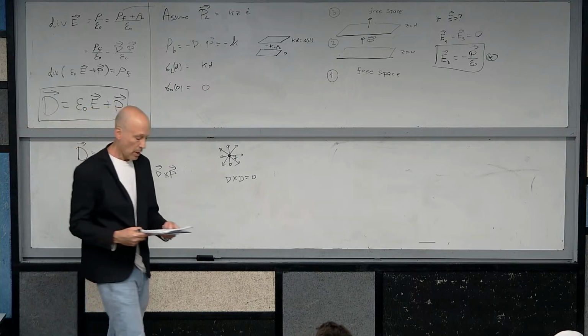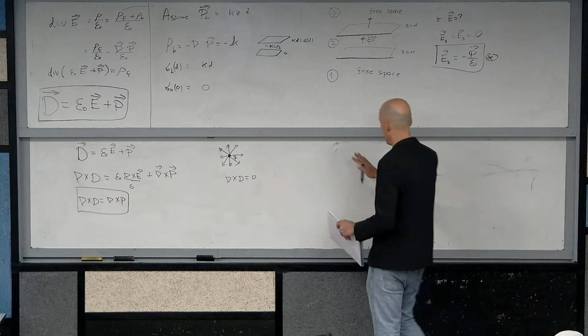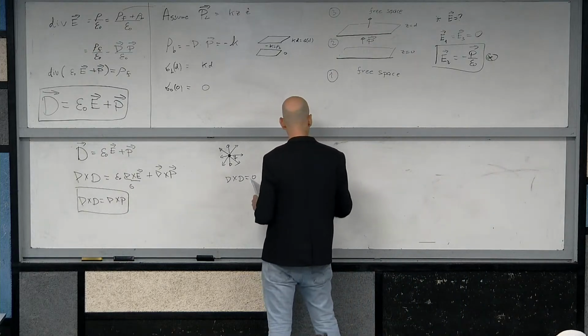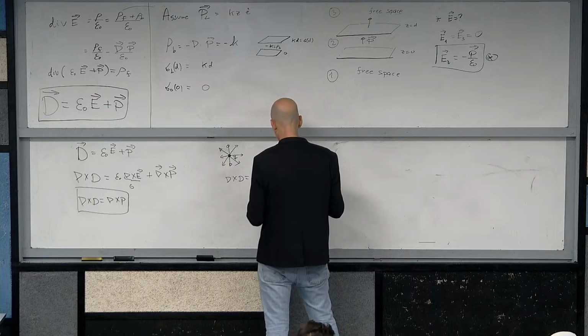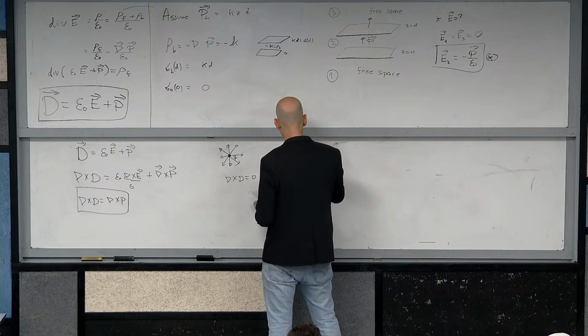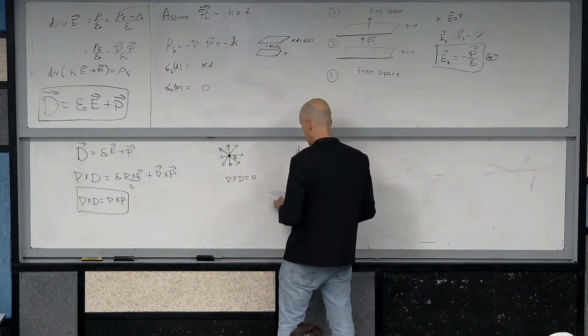So we'll soon remind you what these are, and then we'll clean up the mess. Okay, so first of all, div D is equal to rho F, rho free, we showed this already.